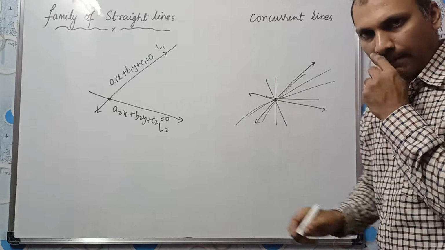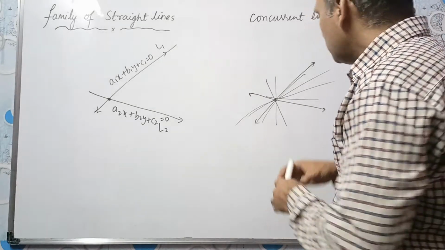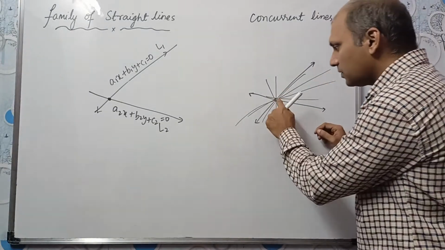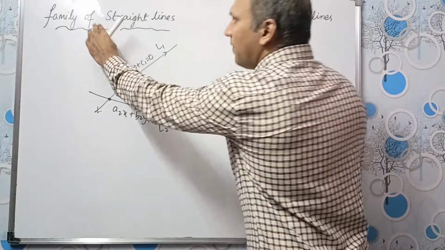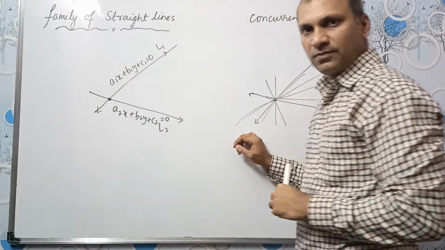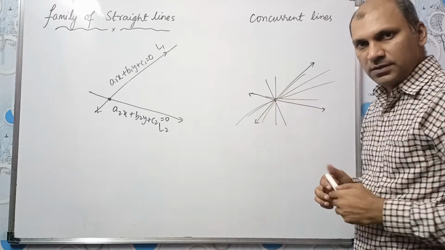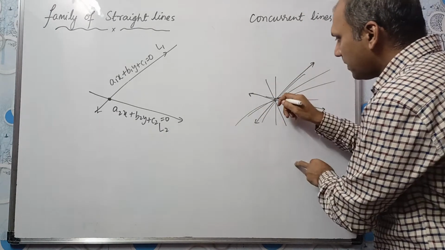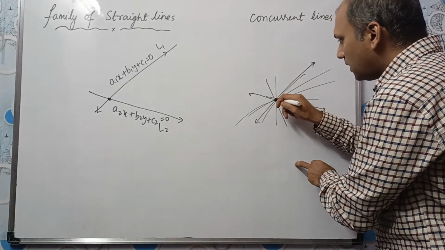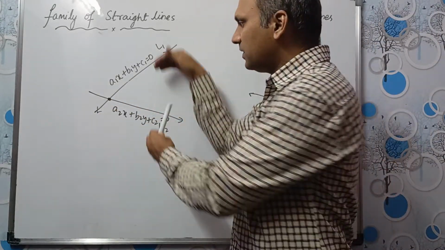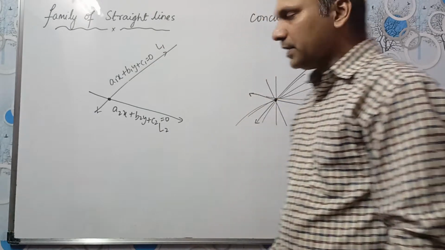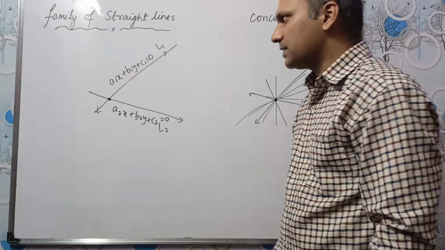All those straight lines which are passing through this point of intersection are named as family of straight lines. They are a family because all the straight lines are passing through a fixed point, the point of intersection of these two lines. I hope you understood what is family of straight lines.